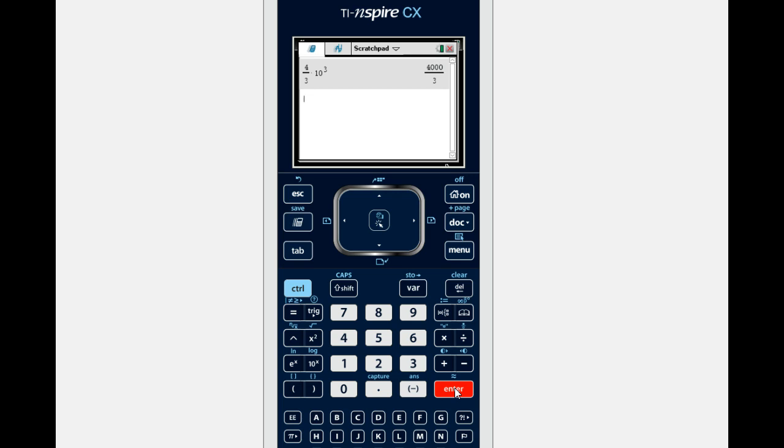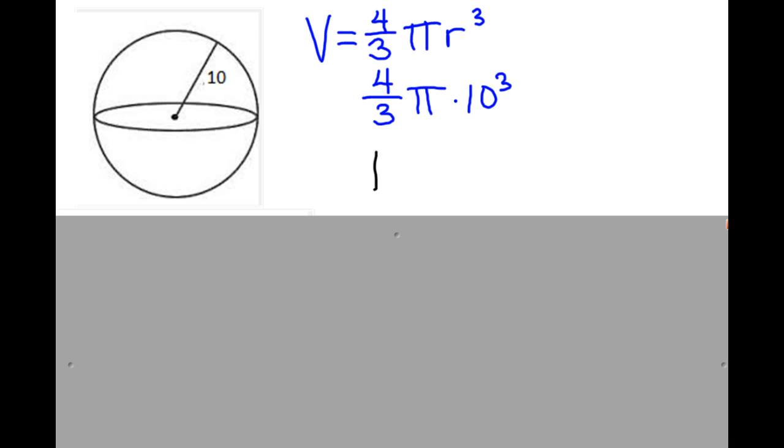You can either use that fraction, or when I enter this, if I go over to the 10 and I put a decimal after it, it will give me a decimal answer. So 1333.3 is going to be my answer. And I know there's the pi at the end. That's the volume. Now we've done that.